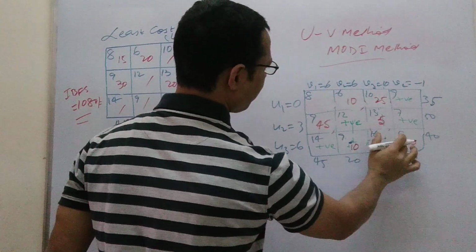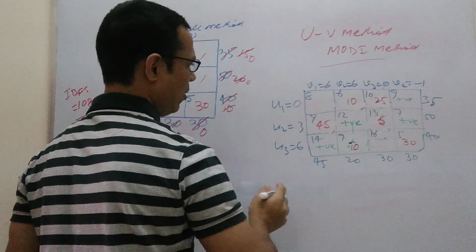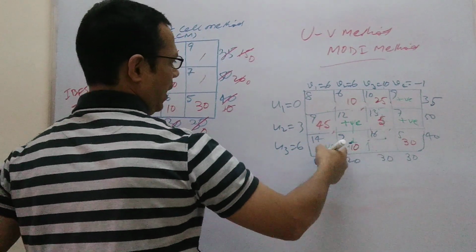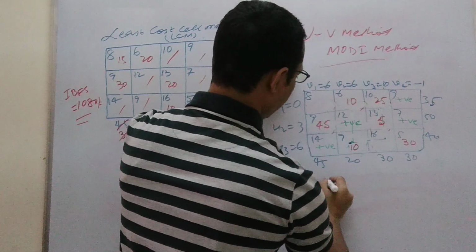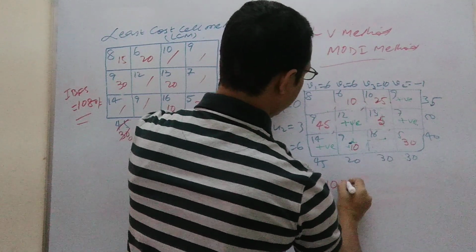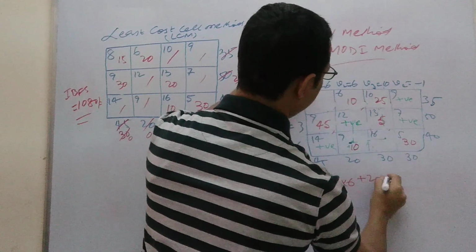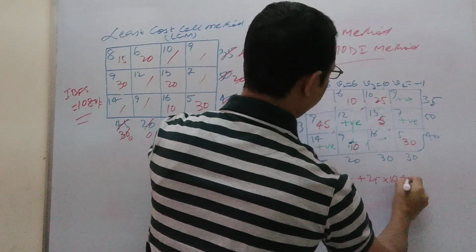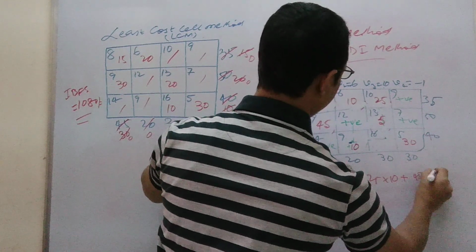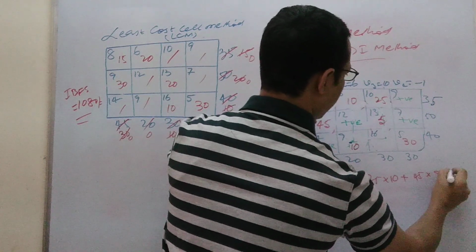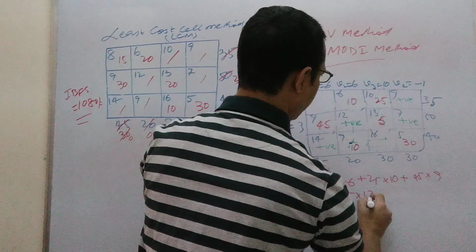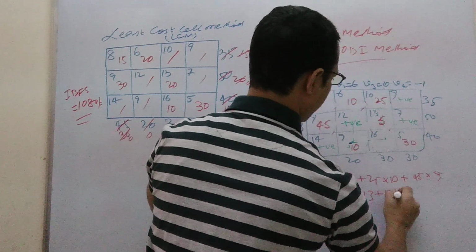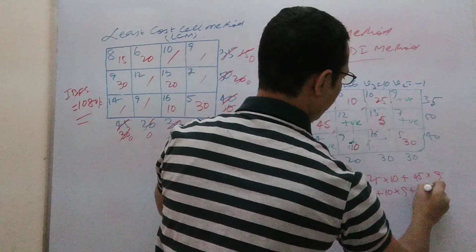So here, see here. Again go for the checking. What are the allocated cells? 10 into 6 plus 25 into 10 plus 45 into 9 plus 5 into 13 plus 10 into 9 plus 30 into 5.